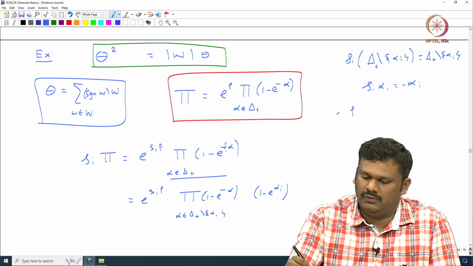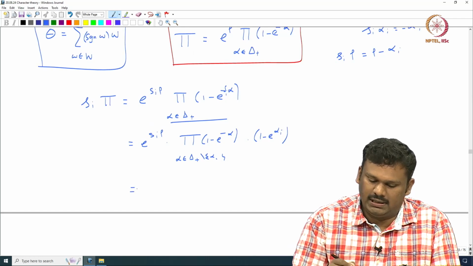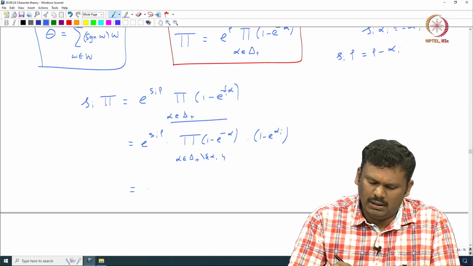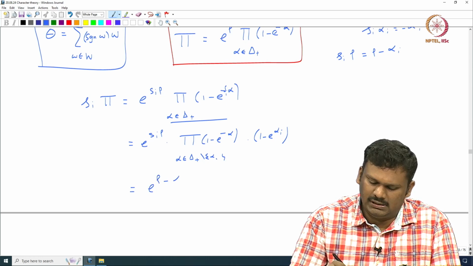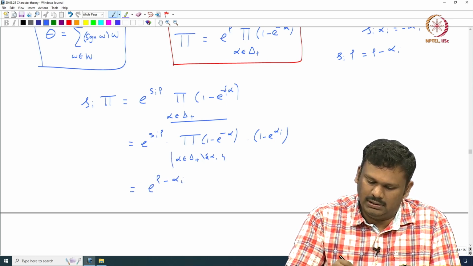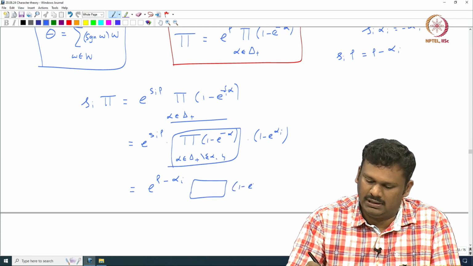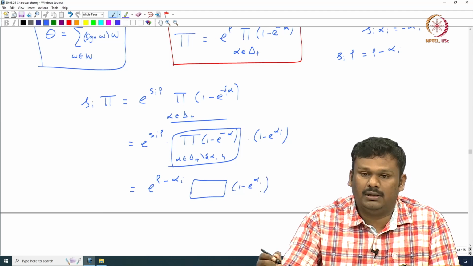But rho is nothing but what? S_i of rho is rho minus alpha_i. If you substitute here, then you get exactly e power rho minus alpha_i. So, this product comes as it is, and then 1 minus e power alpha_i will come.